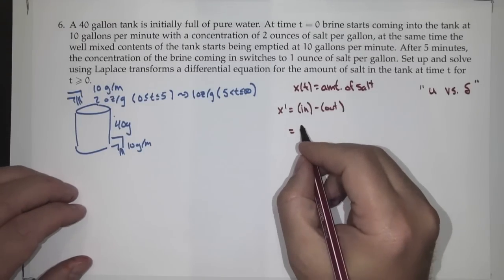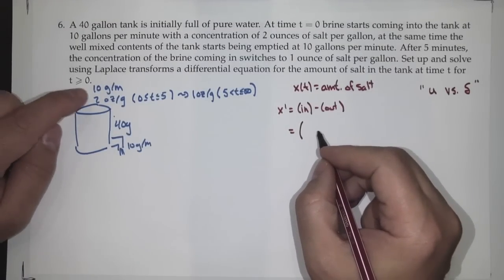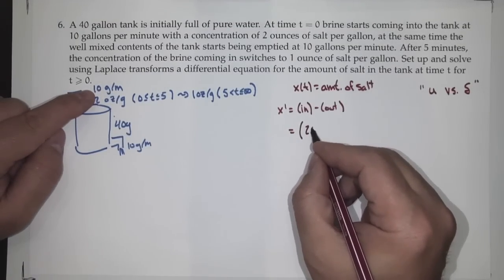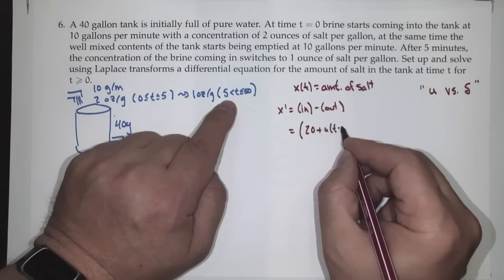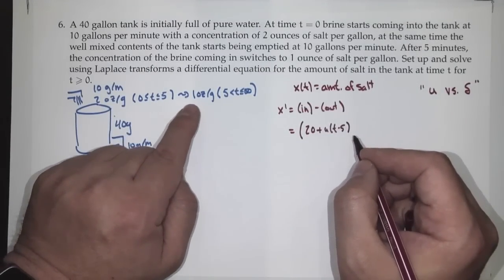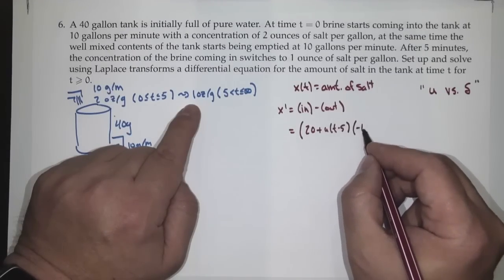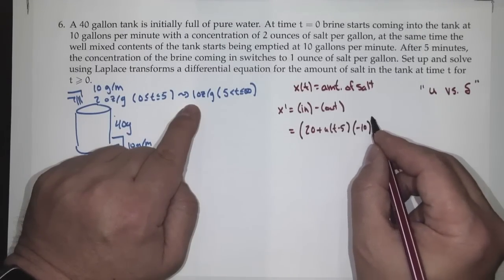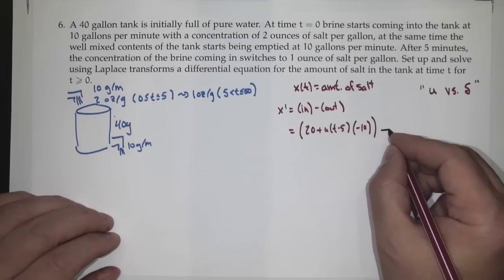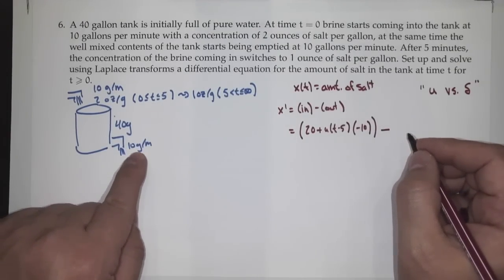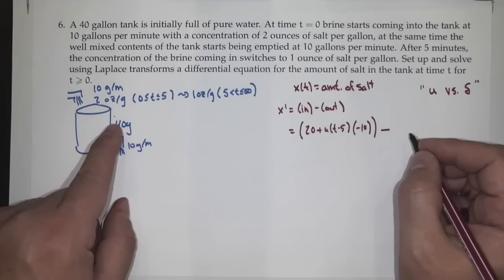So what is the behavior? Initially it's 20, and then at time 5, so U of t minus 5, we're going to go to 10. So we multiply U of t minus 5 times minus 10, because that will have the net effect that after time 5, we're at 10. So that's our in. What's our out? Well, 10 gallons per minute goes out of 40 gallons.